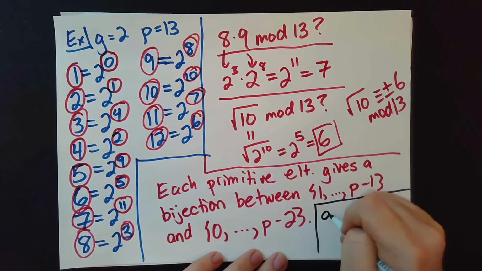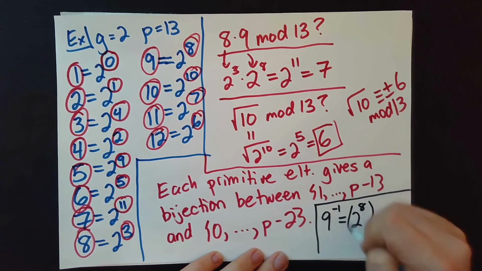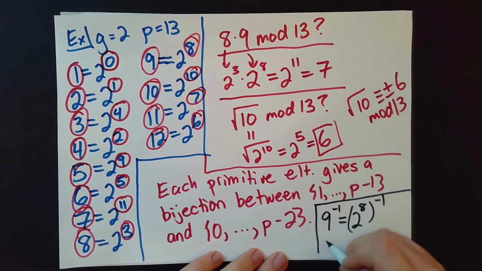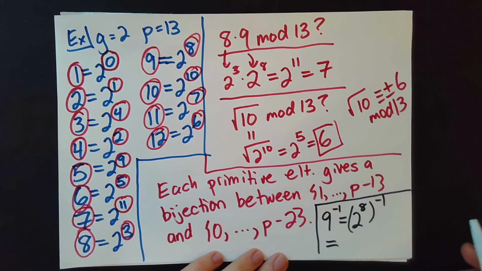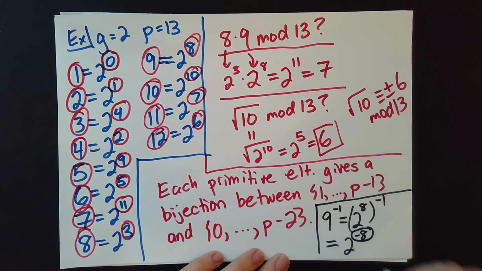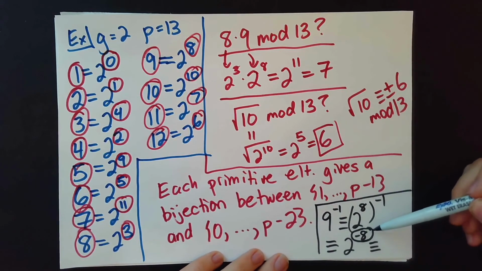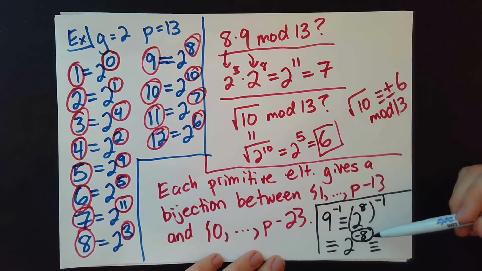Because if I say, hey, what's 9 inverse? Well, that is asking me what is 2 to the 8th inverse. And so here's where I have to remember, this is going to be 2 to the minus 8. This exponent here is really operating mod what? This exponent is really operating mod 12.